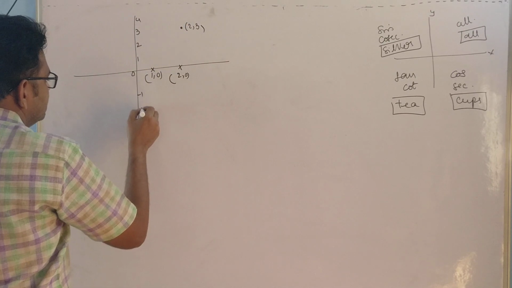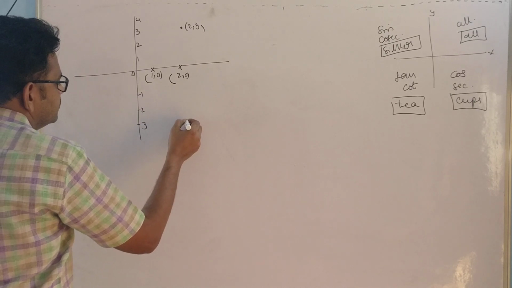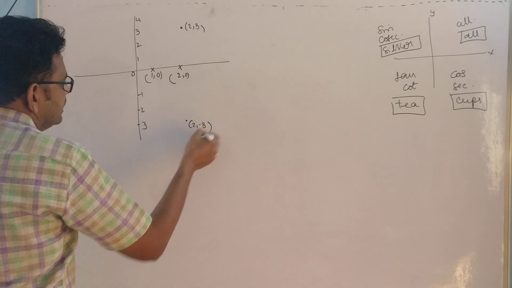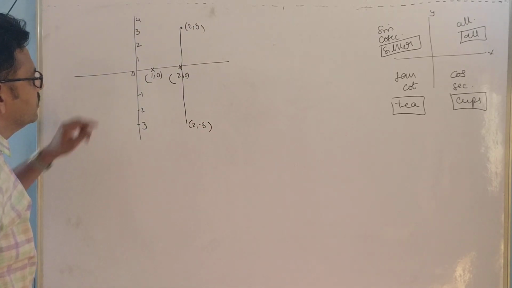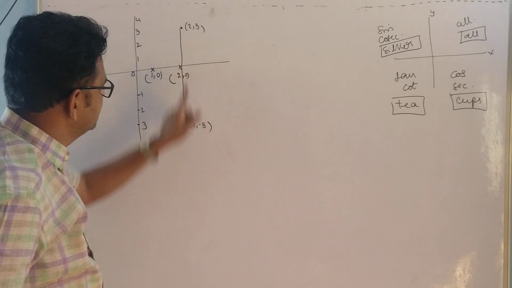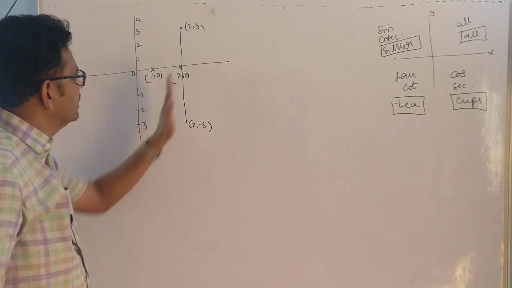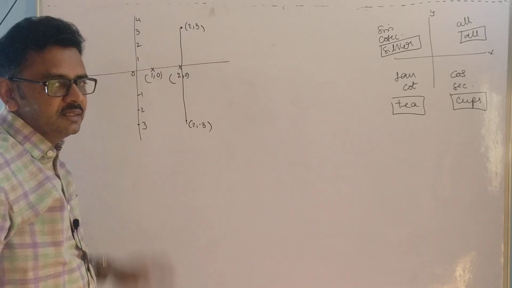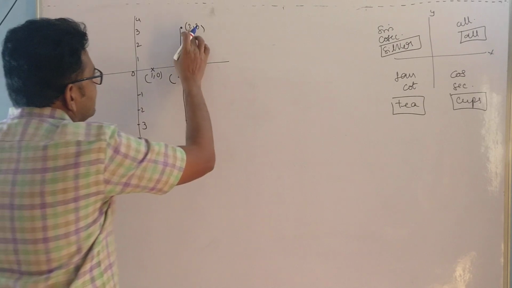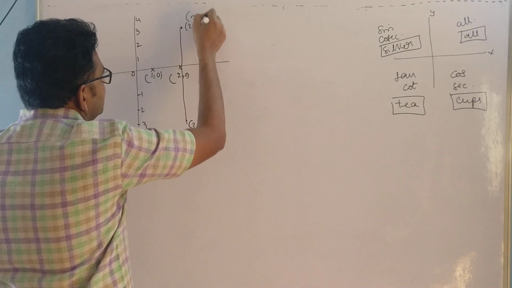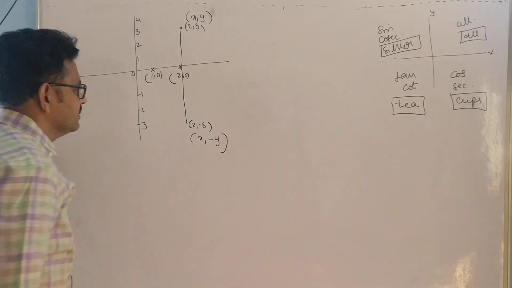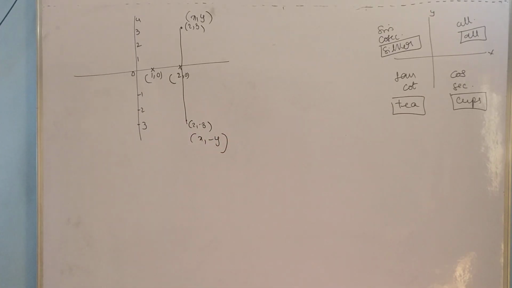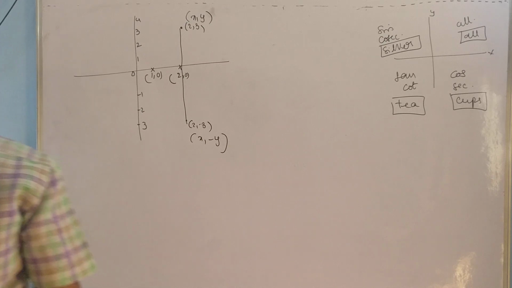So minus 1, minus 2, minus 3. This point is 2, minus 3. So this is the line. Now the coordinates are 2, 3 and 2, minus 3, because the line is parallel to the y-axis. Suppose if it is x, y, what about this point? x, minus y.